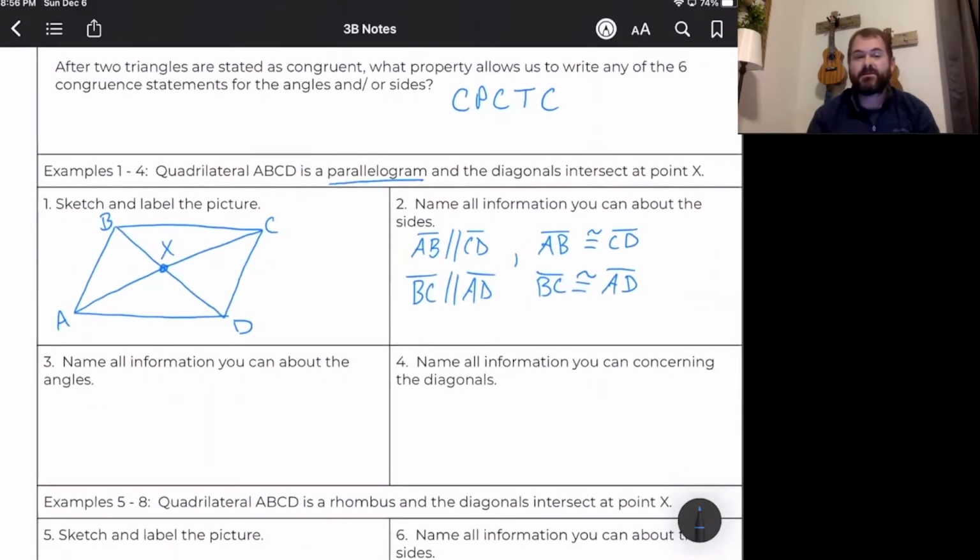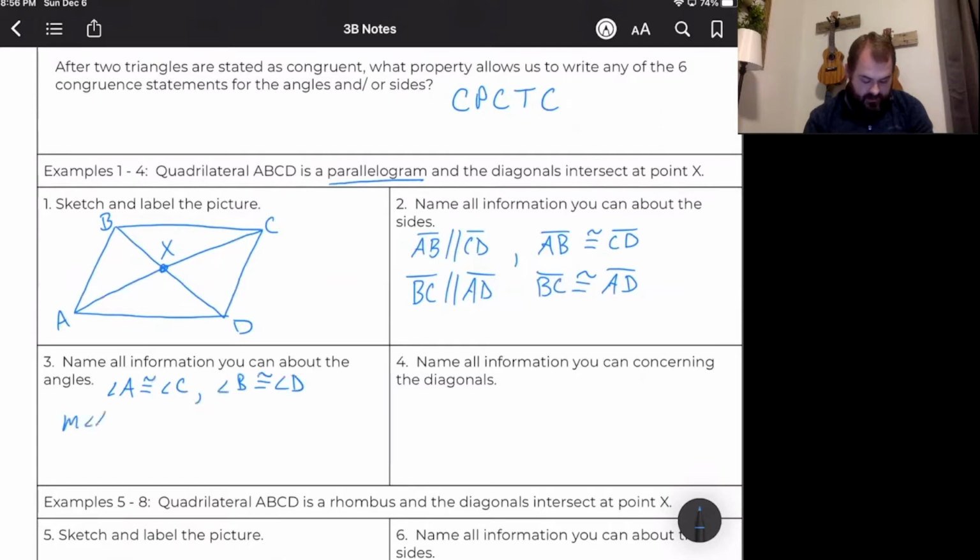Then number 3 says to name all the information we can about the angles. We need to remember that in a parallelogram, opposite angles are congruent. So I can say angle A is congruent to angle C, and angle B is congruent to angle D. But we also know that consecutive angles are supplementary. So I can write these equations.